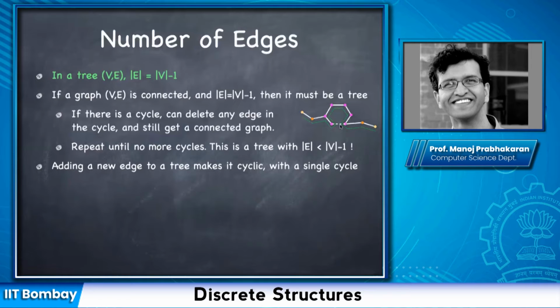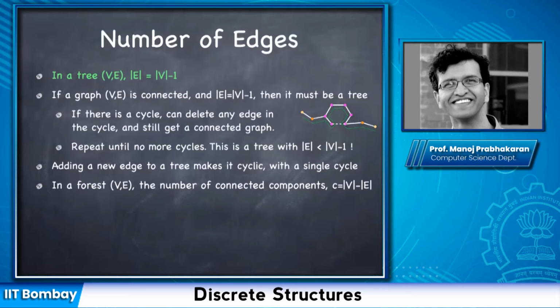I will get a connected graph with the right number of edges, and therefore it will have to be a tree from what we just now said. But this edge I deleted is not present in the other cycle, so that cycle would still be intact. So this will not be a tree, and that's a contradiction, right? So there can be only one cycle.